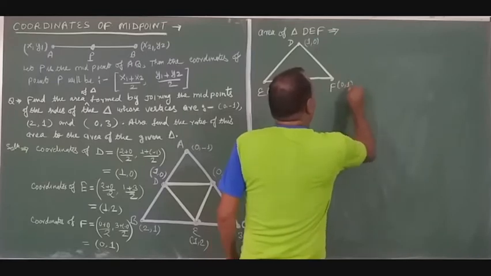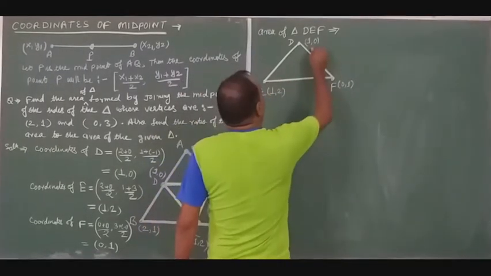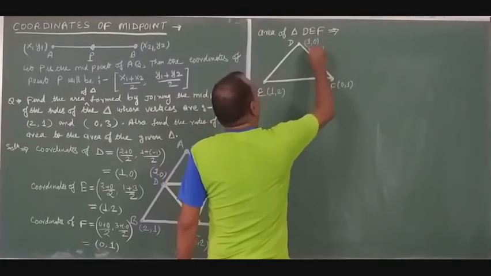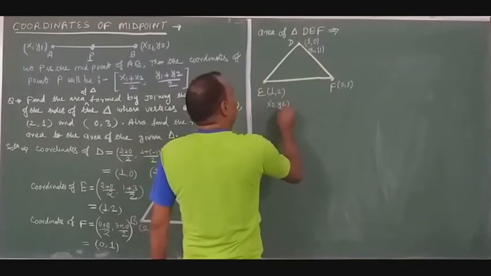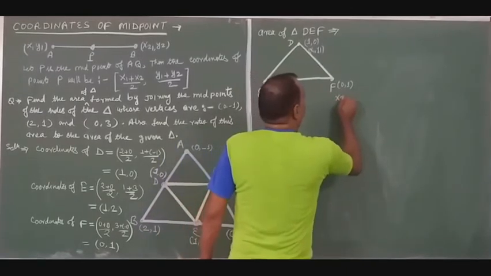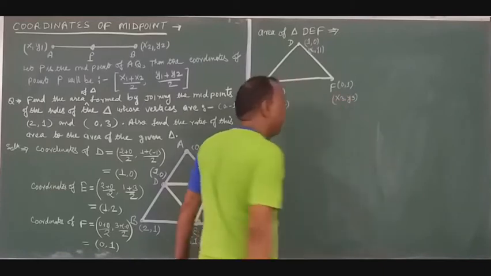Now the area of this triangle will be given by, let these be x1, y1, the point 1, 2 is denoted by x2, y2, and for point F the coordinates are x3, y3.